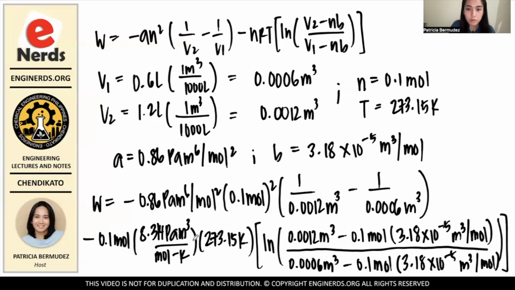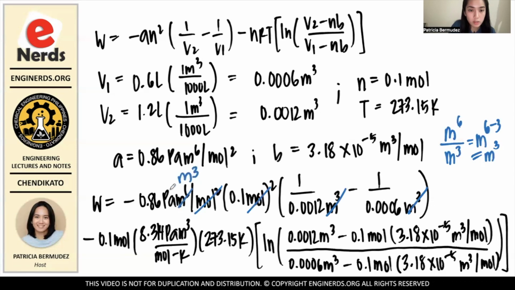Okay? So let's see which units will cancel here. For this part, the mole squared will cancel. And then, the meter cube in the denominator and the meter raised to 6 here in the numerator will cancel. And our rule for that is meter raised to 6 divided by meter cube is equal to meter 6 minus 3, so that's equal to meter cube. So, this will become just meter cube.